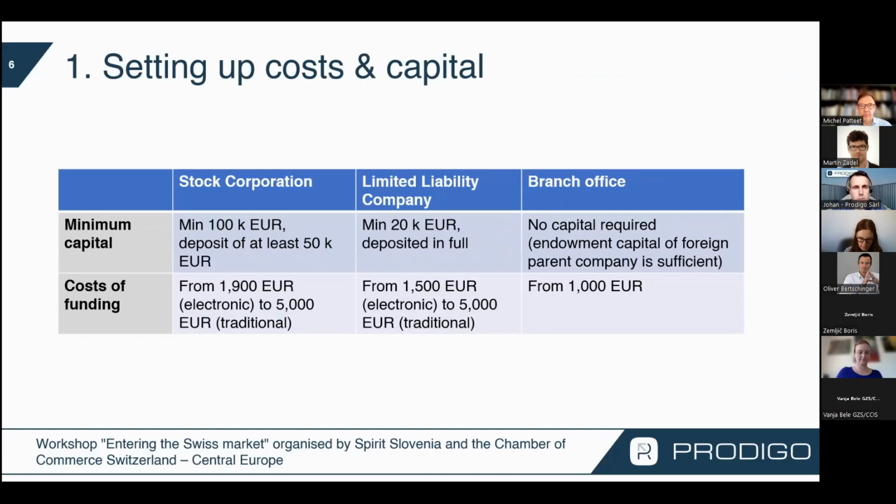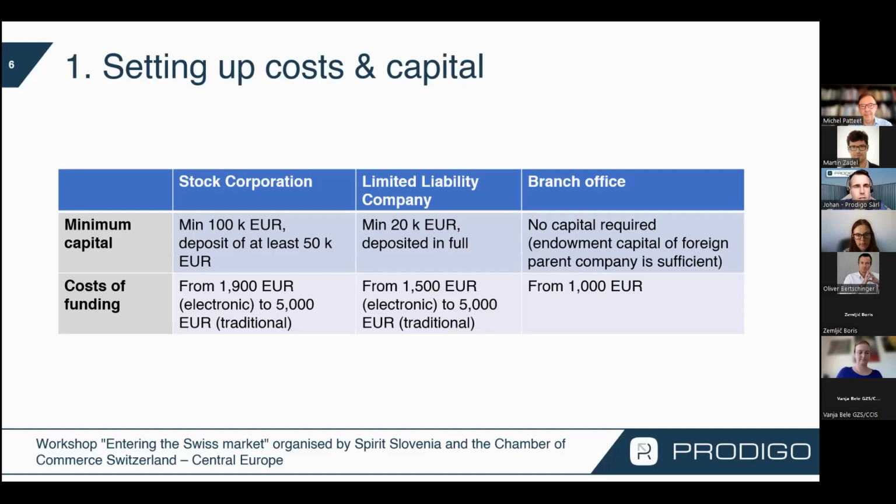Now, for setting up costs, the cost of setting up a company and the capital required depends on the form selected, as we have said before. So here you see for the stock corporation that the minimal amount of capital is 100,000 Swiss francs or euro, that is quite the same now.